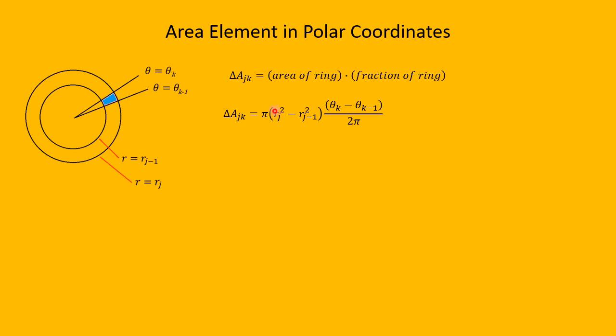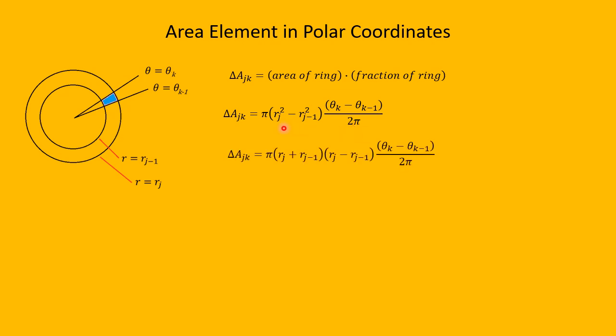The area of the ring is pi times r sub j squared minus r sub j minus 1 squared, just taking the area inside this larger circle minus the area inside this smaller circle. And then, remembering that theta is measured in radians, the fraction that we have of that entire ring, going from theta sub k minus 1 to theta sub k, is theta sub k minus theta sub k minus 1 divided by 2 pi.